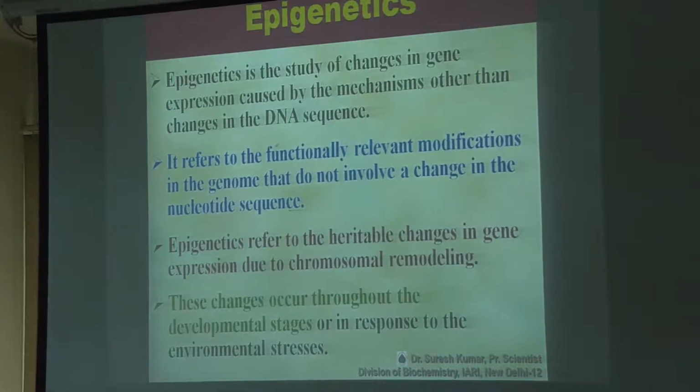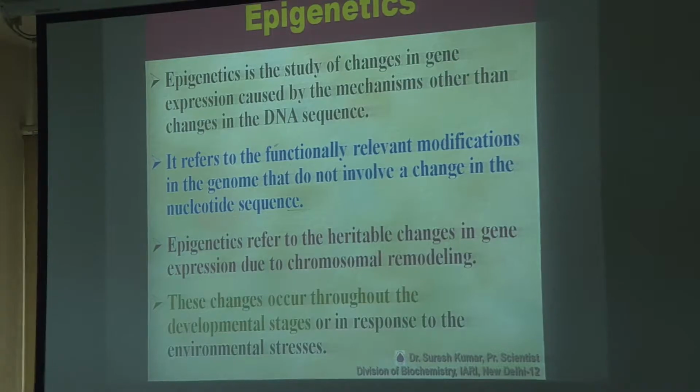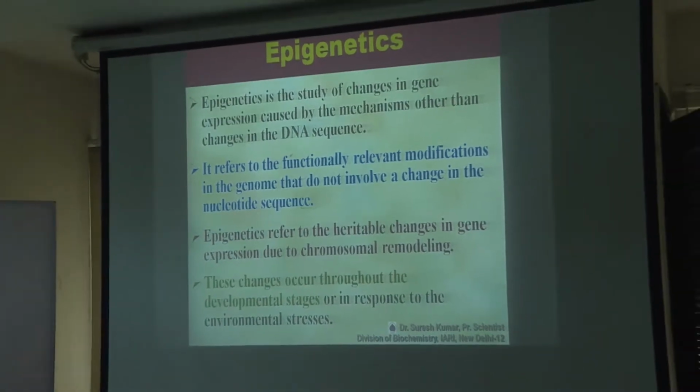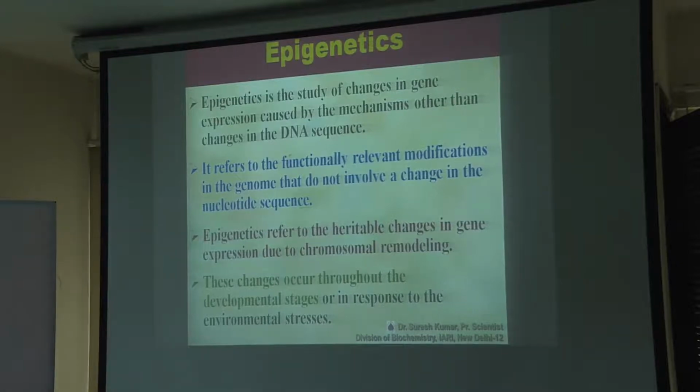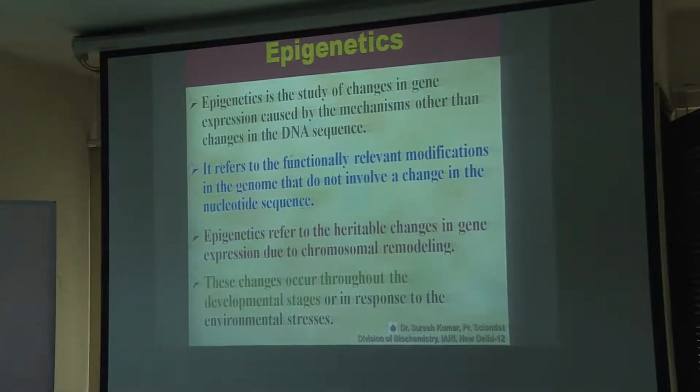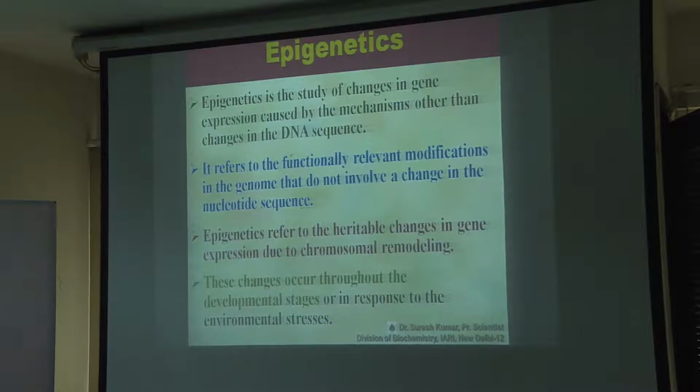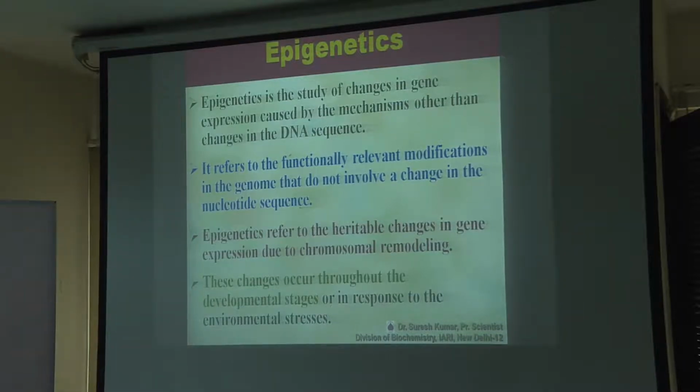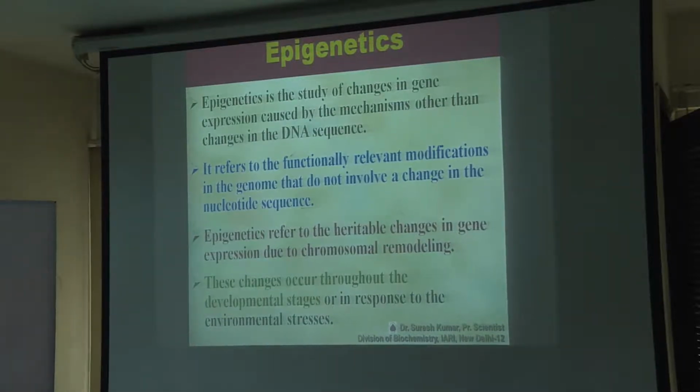That means something from outside, external. So, the changes are happening from the outside or because of external things. But the definition is that there should not be any change in the nucleotide sequence. If a change in the nucleotide sequence is there, then it is the domain of genetics.